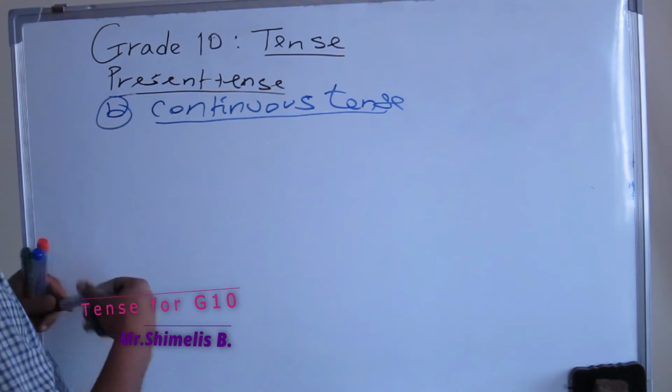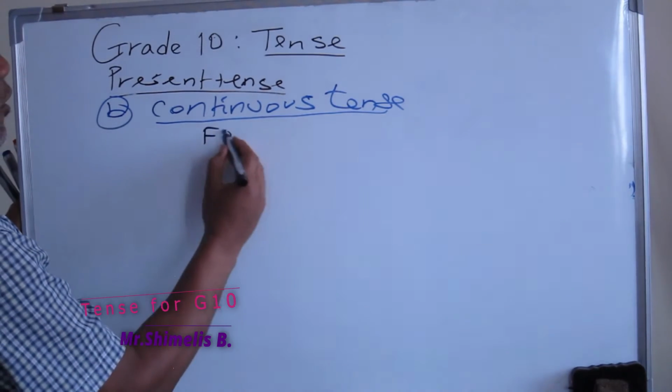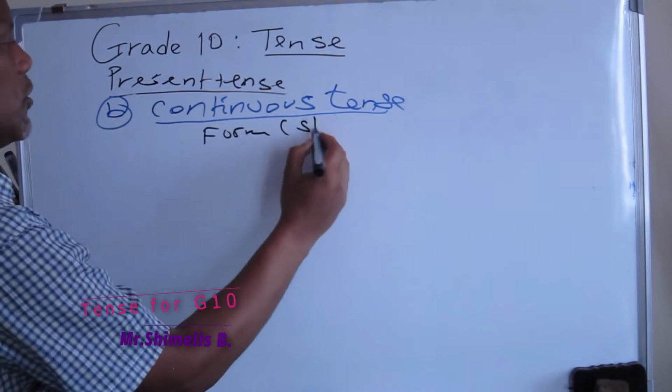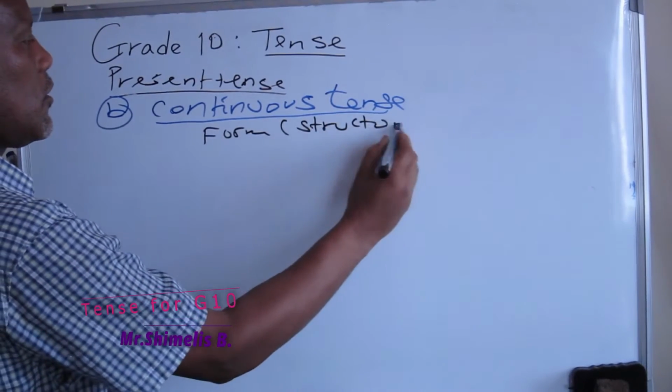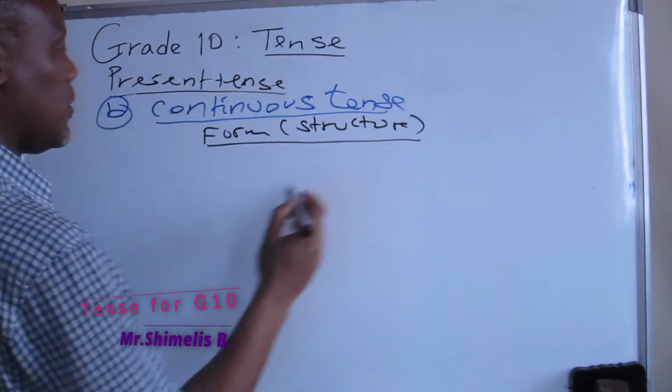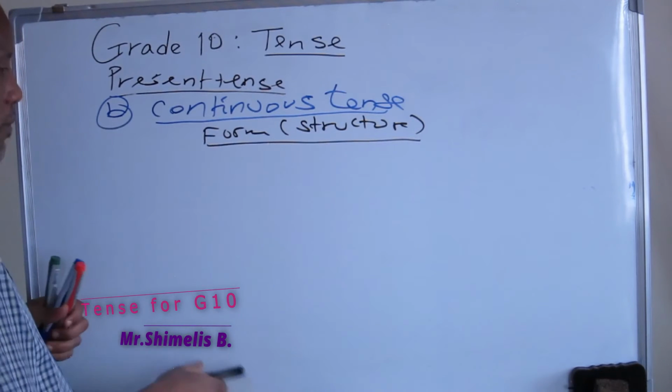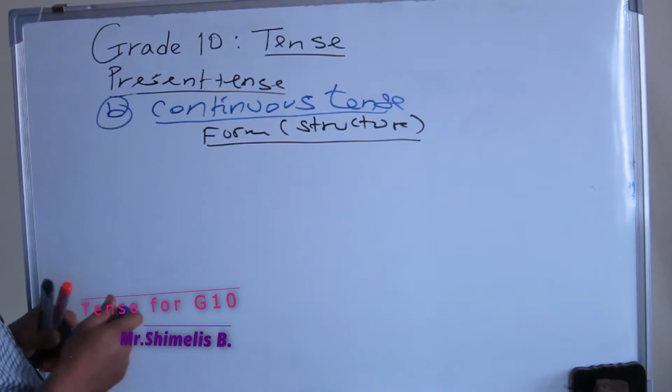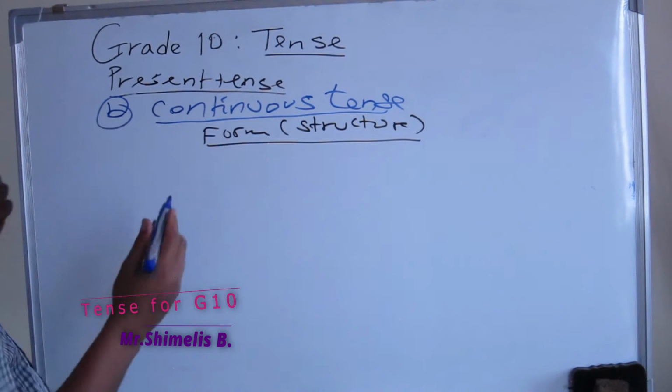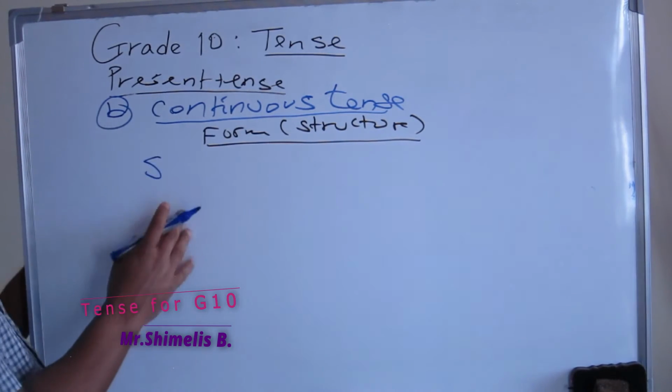So the form or structure of present continuous tense. Present continuous tense would have, as a sentence, as usual, a subject.